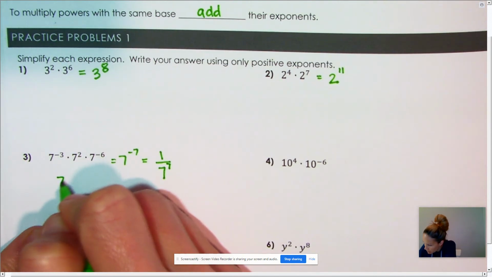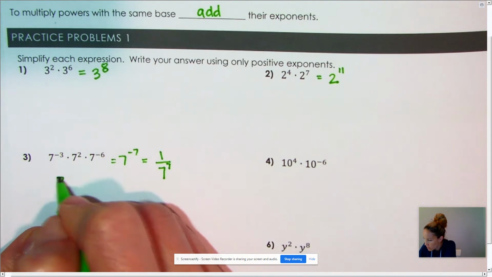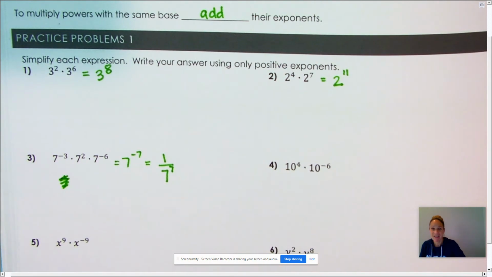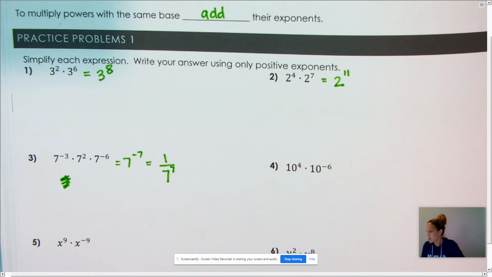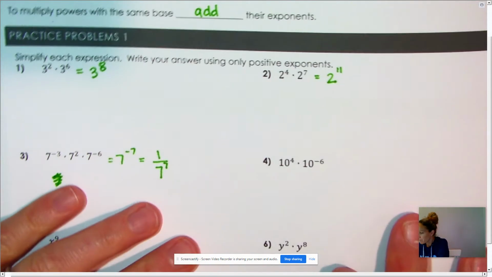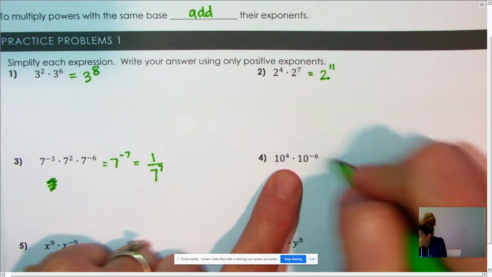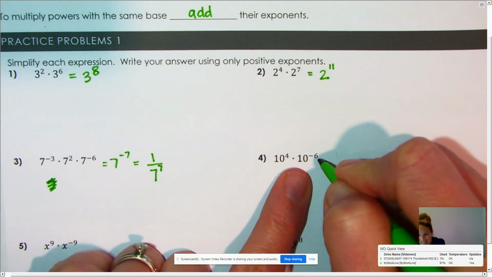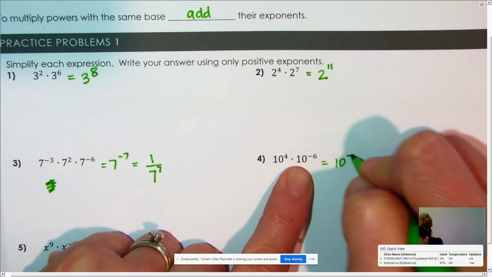Actually, we're not going to do it that way. That's what we're going to learn on the next one. So never mind, just add them up. When we start talking about the fractions, that's when we'll get into that in the next little section. Okay, so for number 4 here, if I add them up, 4 plus negative 6 gives me negative 2.